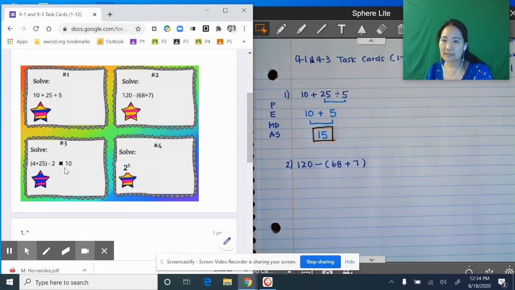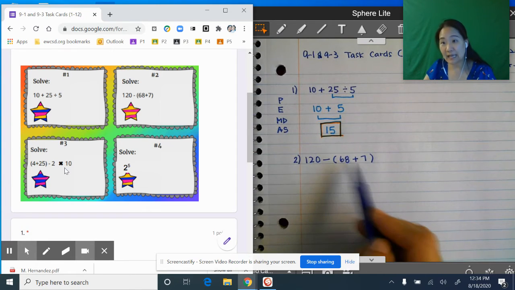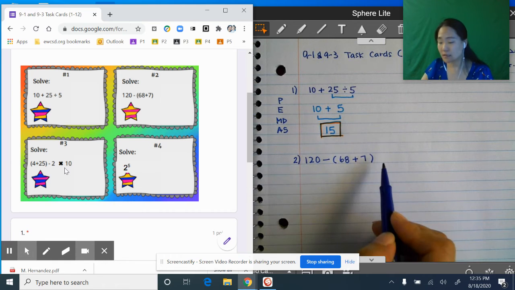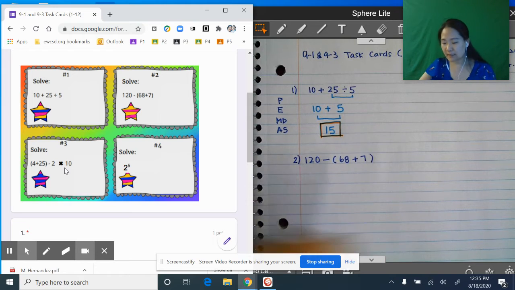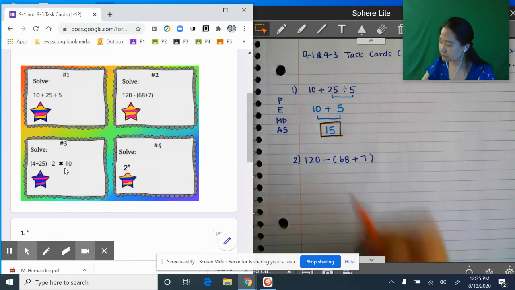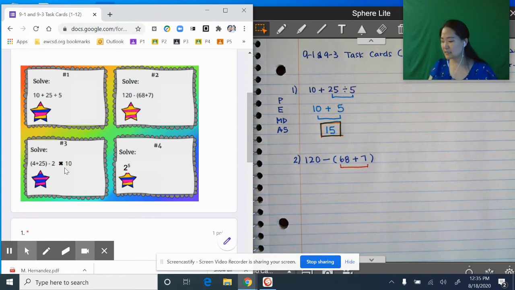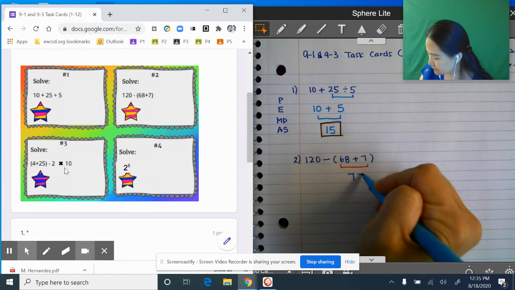Now, if I didn't have the parentheses, I would be subtracting before adding because adding and subtracting goes from left to right. So then without the parentheses, I would be doing this first. But because I have the parentheses, which is on the very top of my order, I'm going to do this first, okay? And 68 plus 7 is 75.